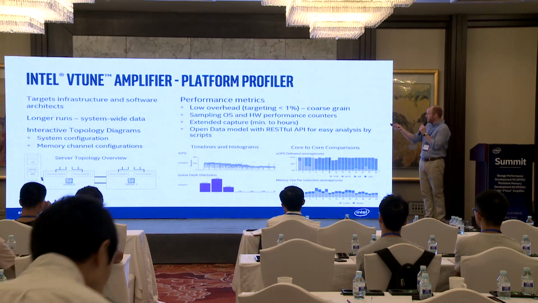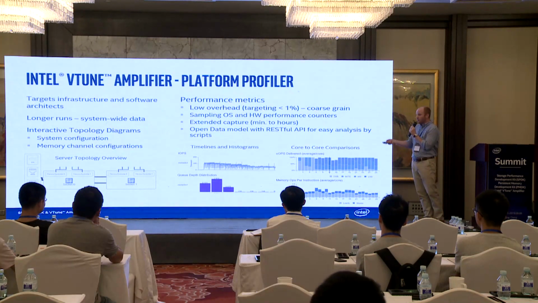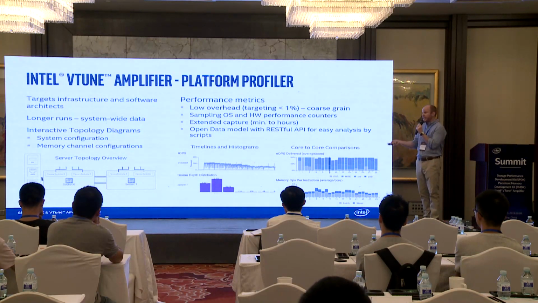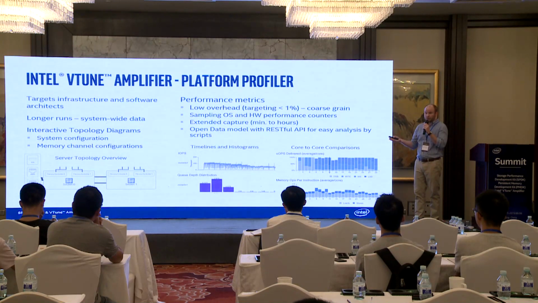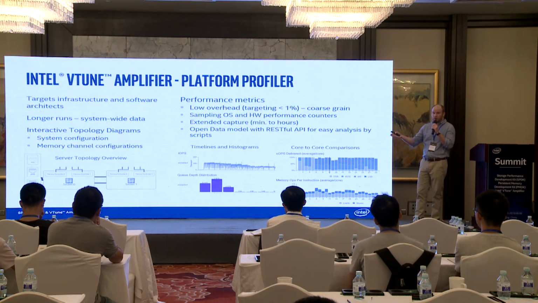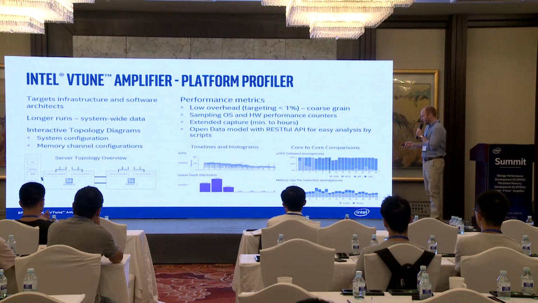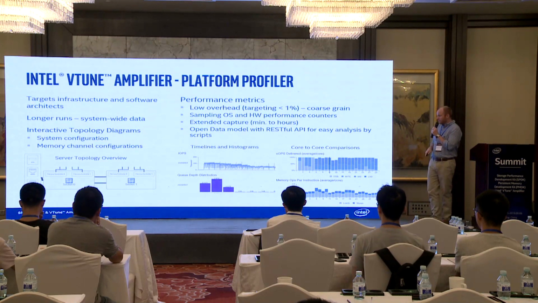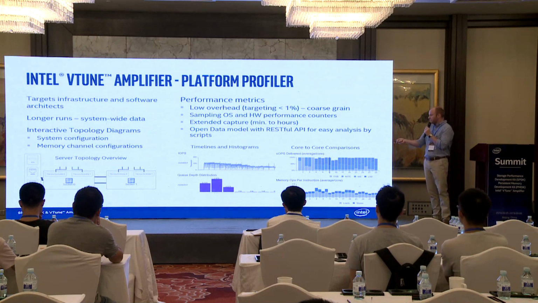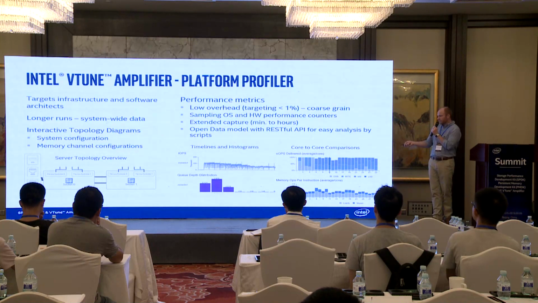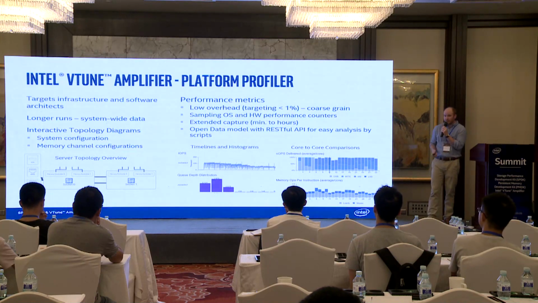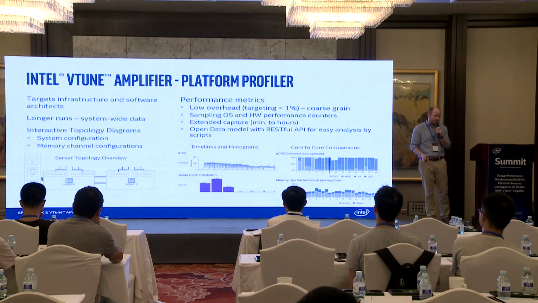I mentioned minutes to hours for the capture, and the data is displayed via a RESTful API and a web browser. So you can share the information via a web browser with anyone that has the URL that you give access to it. Here we can see a few screenshots of the type of information we collect. IOPS from the disks, queue depth from the disks. This is all related to disks and memory, but we have a lot of information about CPU and other pieces of hardware as well.